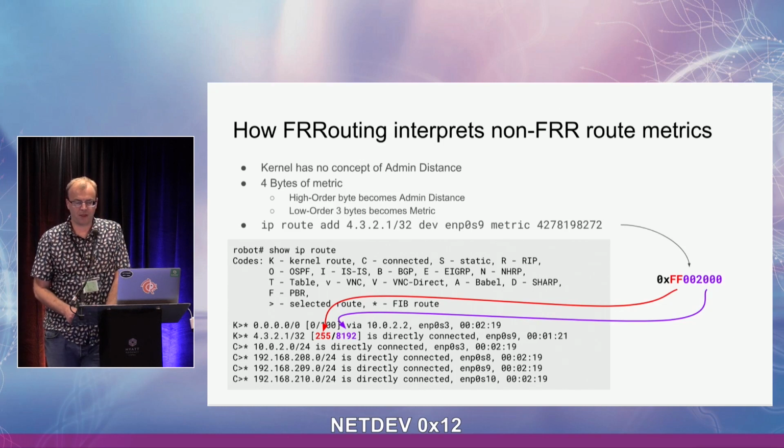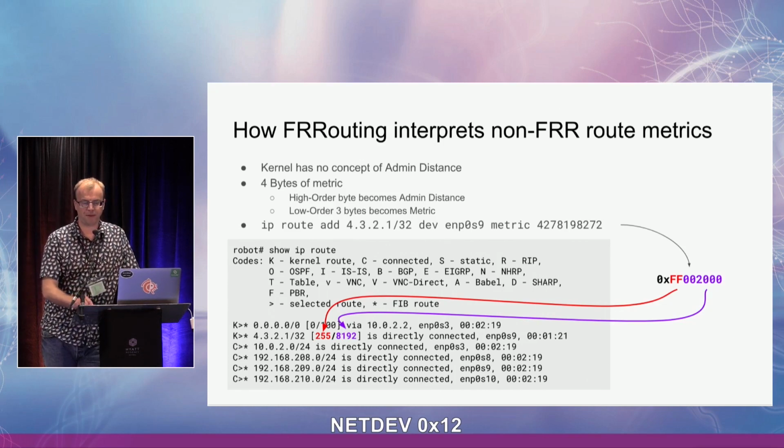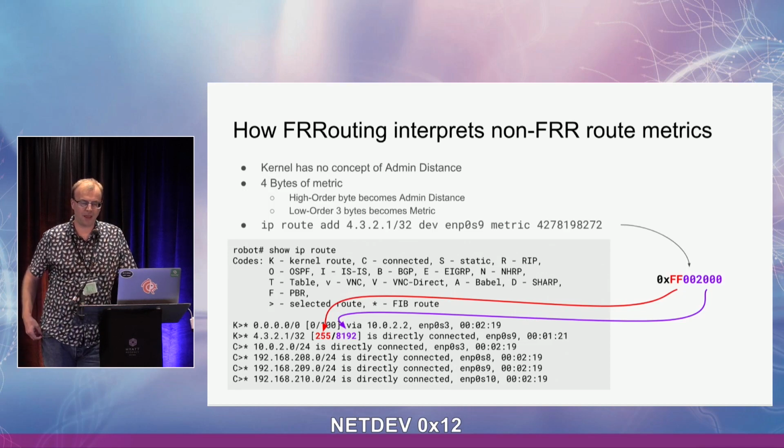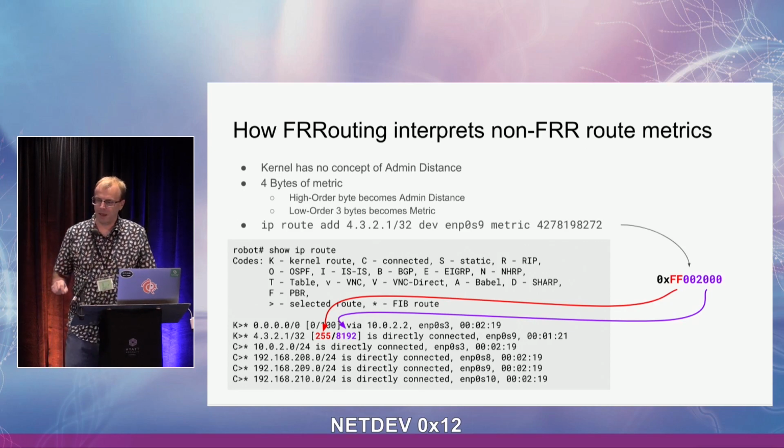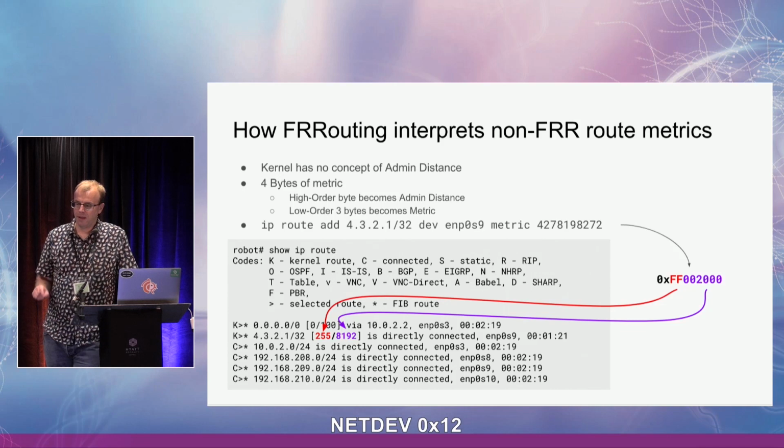So what we've done is that for routes that are not generated by FRRouting, we interpret the kernel metric as two pieces of information. The high order byte becomes the admin distance, and the low order byte becomes the metric.